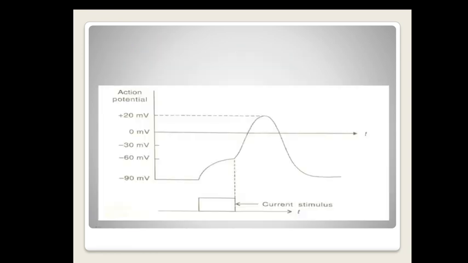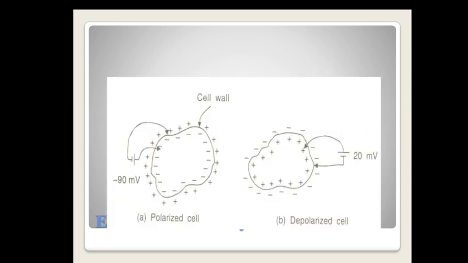By this pictorial representation, we see how action potential and resting potentials occur. The range is -90 millivolts to +20 millivolts. See here, the polarized cell has all negative potentials inside the cell membrane, and outside is surrounded by positive potentials.